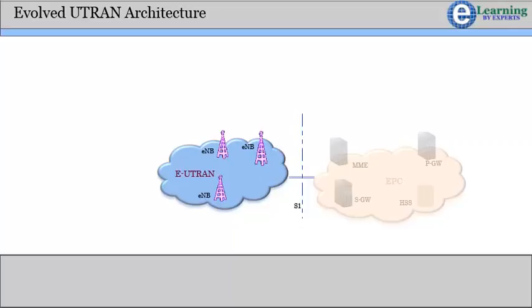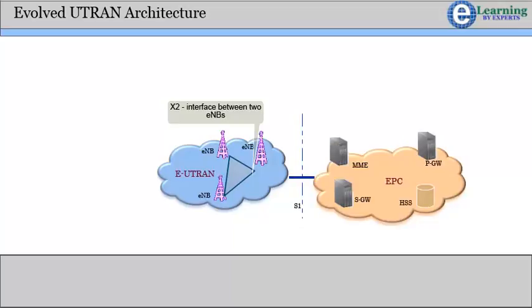The eNode Bs that make up an UTRAN can collaborate with one another for radio resource management and handover. The inter-eNode B communication is referenced in standards as X2. Inter-cell communications using the X2 interface between the eNode Bs is new and unique to LTE.